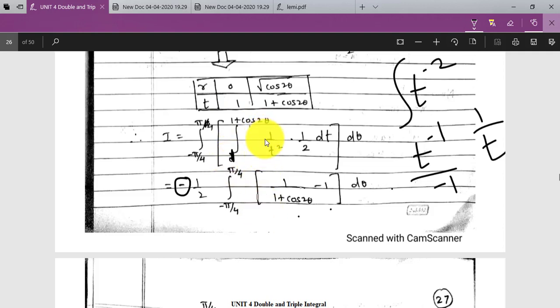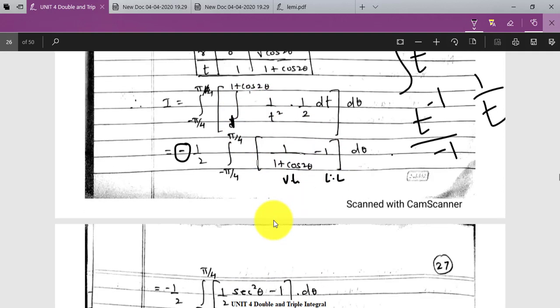Yeah, so 1 upon t square, after integrating it I will get 1 by t. So 1 by t, and this minus sign is here, so it is 1 plus cos 2 theta, that is my upper limit, and this is my lower limit, that is for 1. If I substitute 1 here, it turns out to be 1, right?